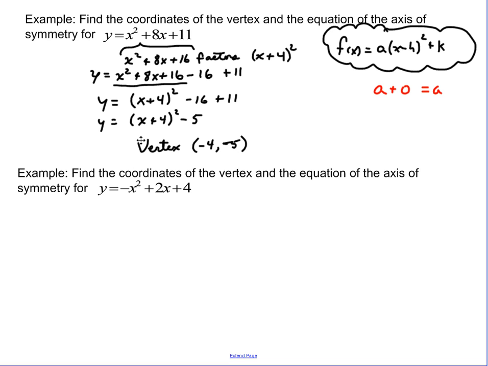And all that is just completing the square, and recognizing that if we have a situation where we can set up a perfect square trinomial, we should.